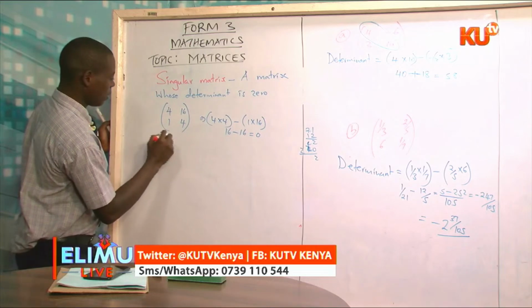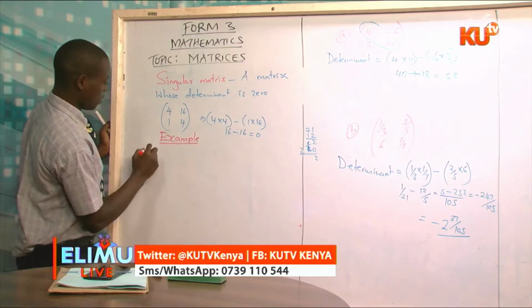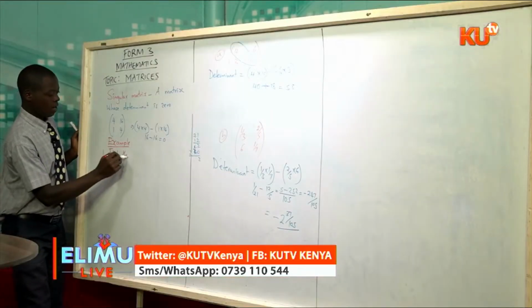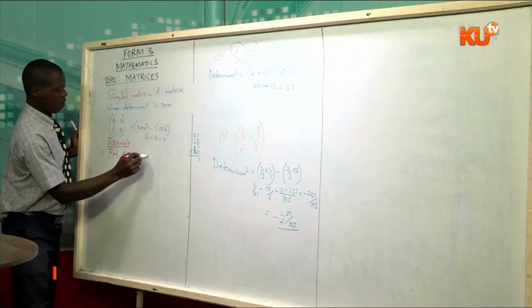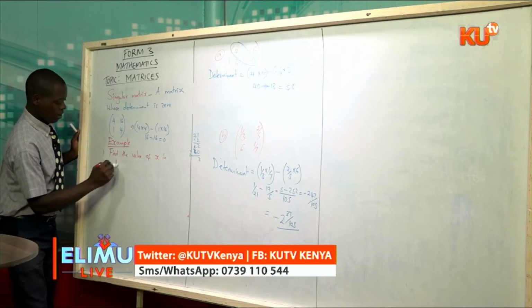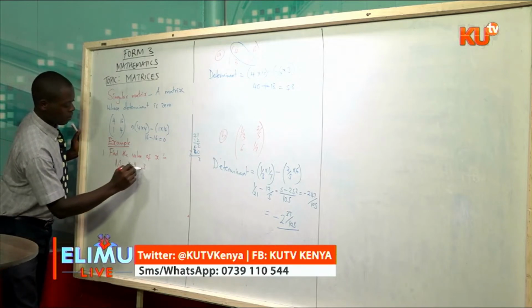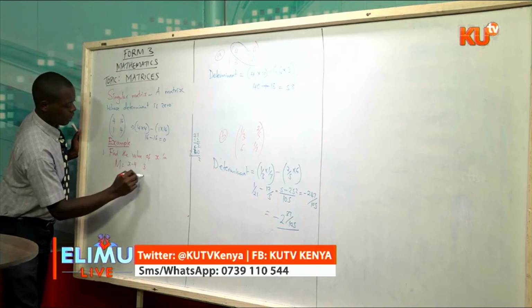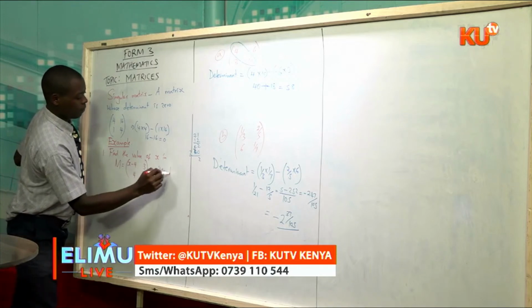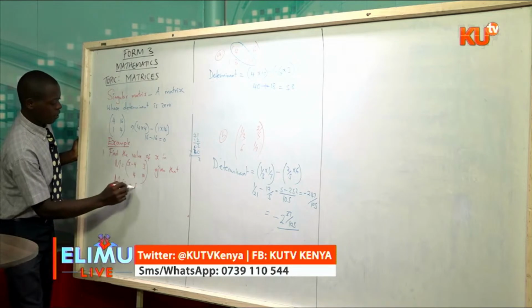An example to this effect, number 1: you're told, find the value of x in M equal to x minus 4, 3, 4, 10, given that M is a singular matrix.